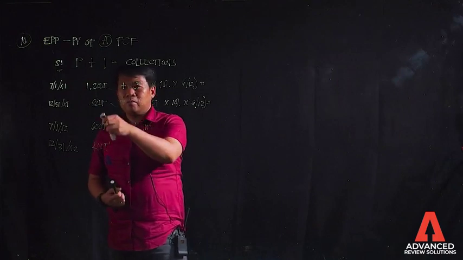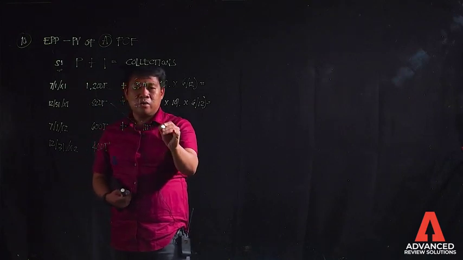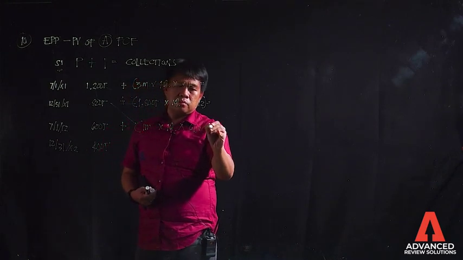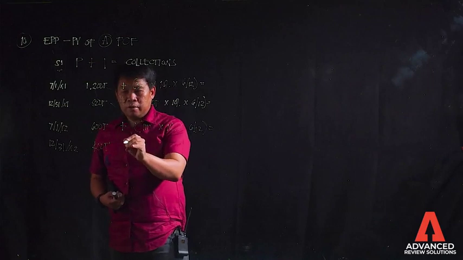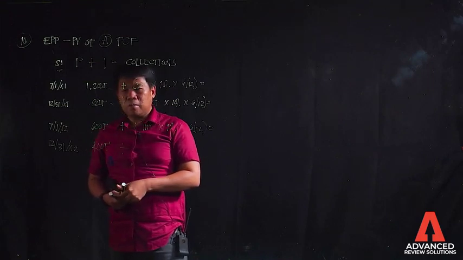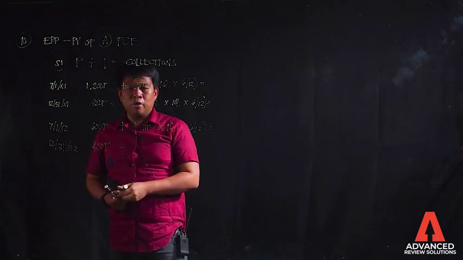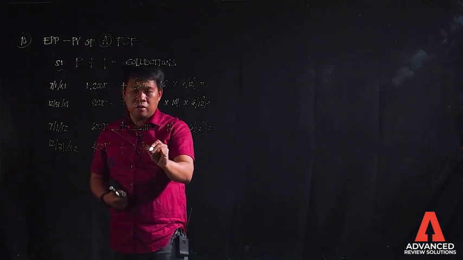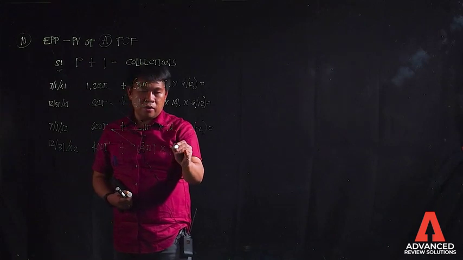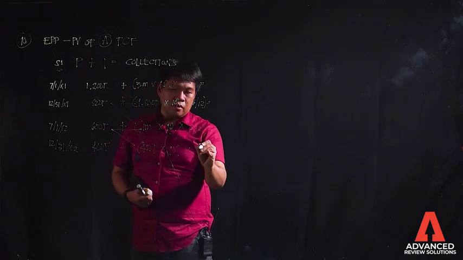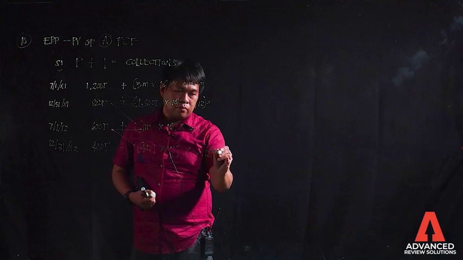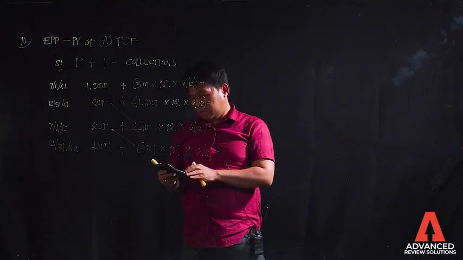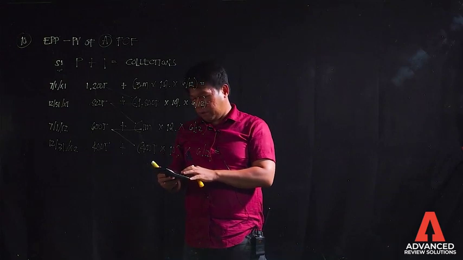So 1.8 minus 800,000, this is 1 million times 10% times 6/12. Dito naman, the outstanding principal here is 400,000. This is 1 million minus 600,000, 400,000 times 10% times 6/12.